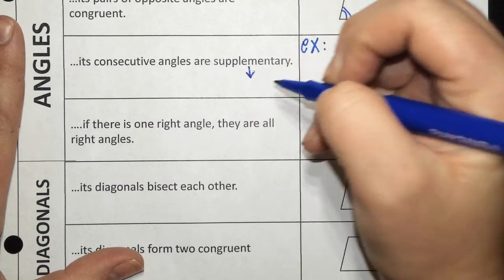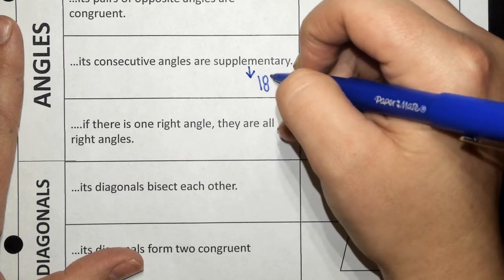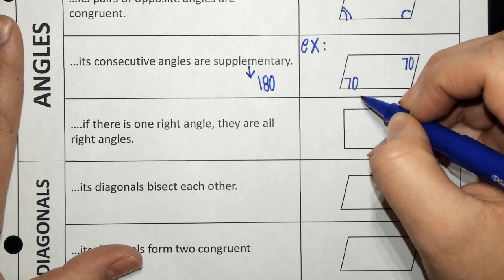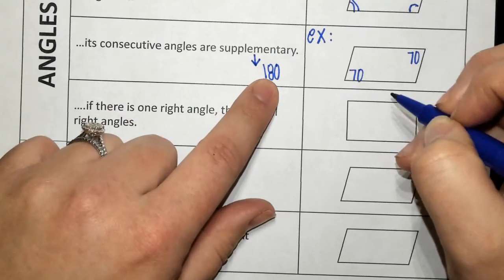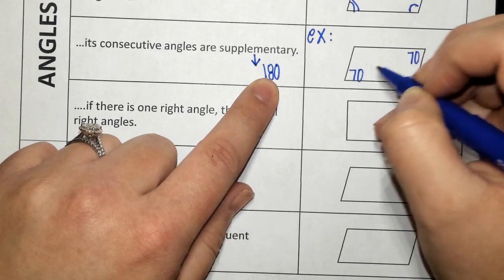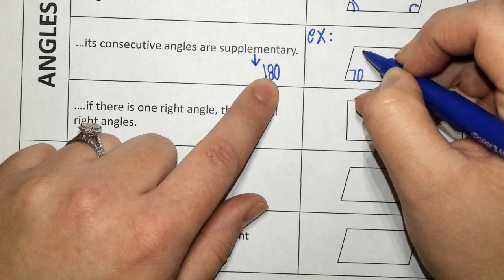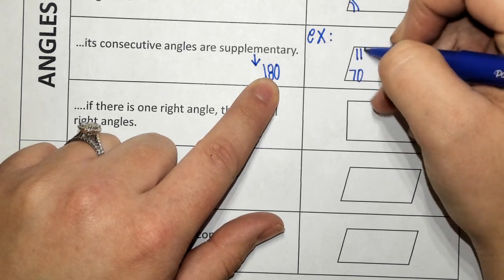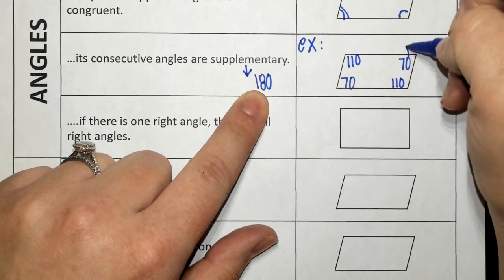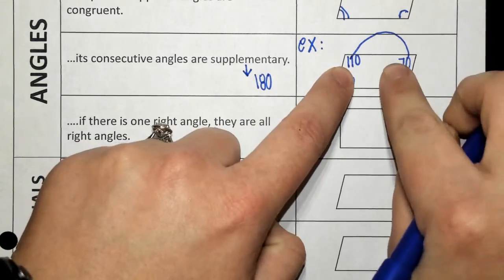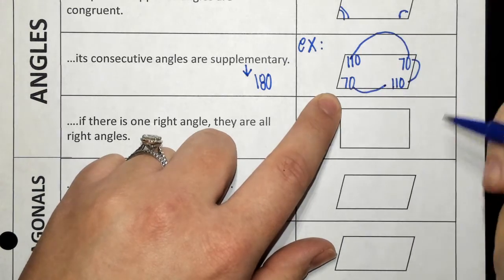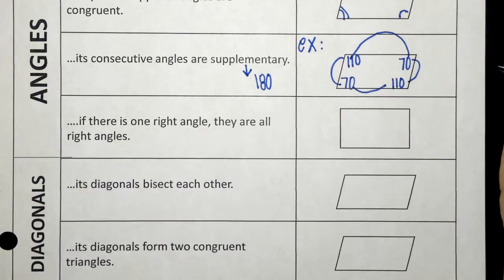What does supplementary mean? 180. That means any two angles that are side by side have to equal 180. So if these two are 70, these two have to be, yes, 110. That's a property. So any two, like these two equal 180. These two equal 180. These two. Does that make sense? Yeah.